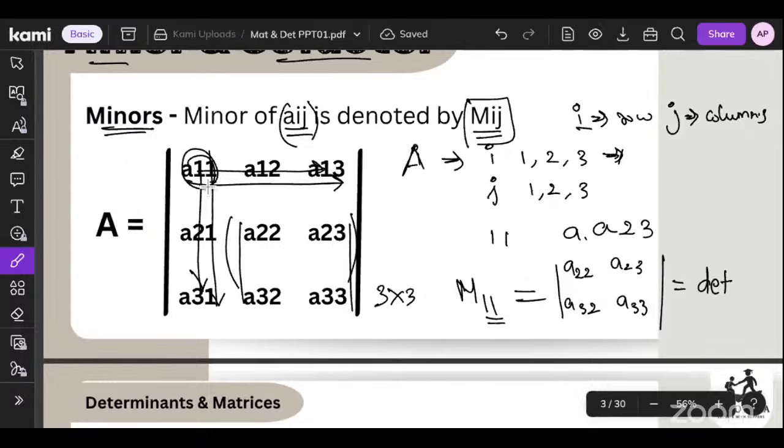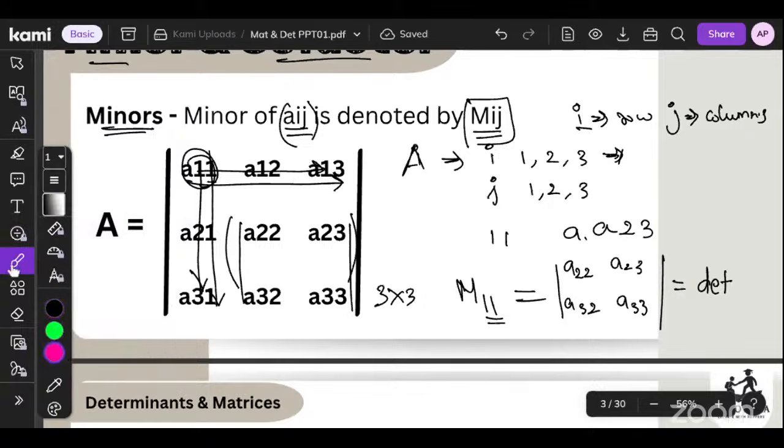If you take any other value, let me use a different color now.